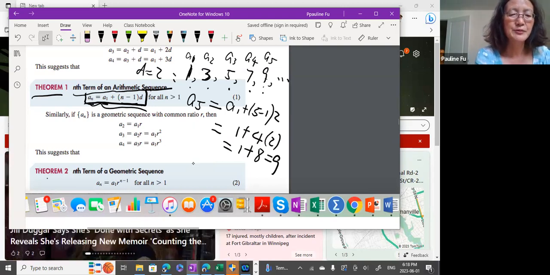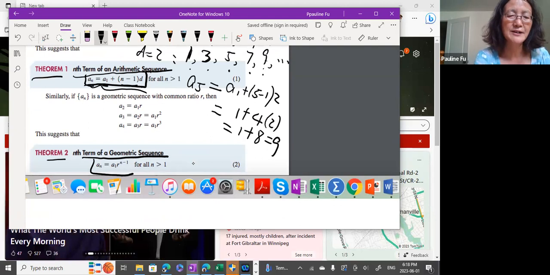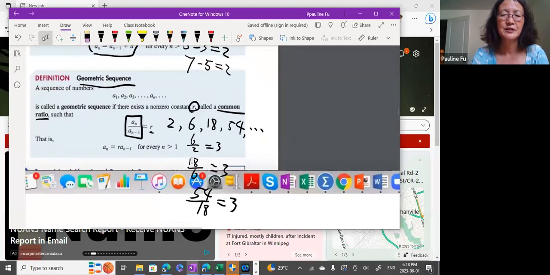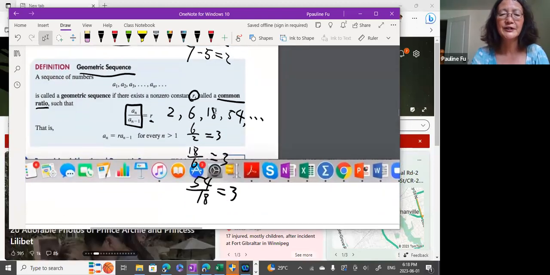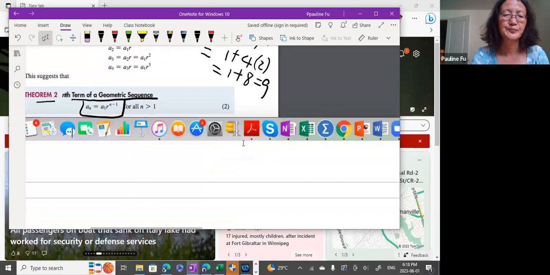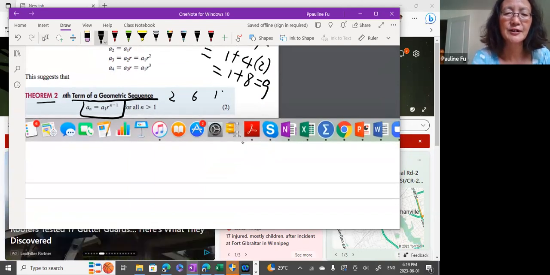And theorem 2, the nth term of a geometric sequence: an equals a1 times r to the power n minus 1. So I will use the example I just gave you. 2, 6, 18, 54.